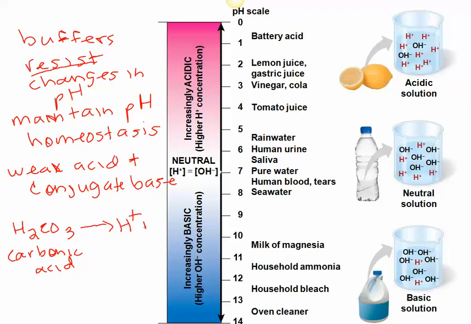And once carbonic acid donates a hydrogen ion, the conjugate base is formed. So the conjugate base just comes from the acid once the acid donates a hydrogen ion. So carbonic acid's conjugate base would be bicarbonate, and I'll write it here. So it's HCO3 minus, and the name is bicarbonate.